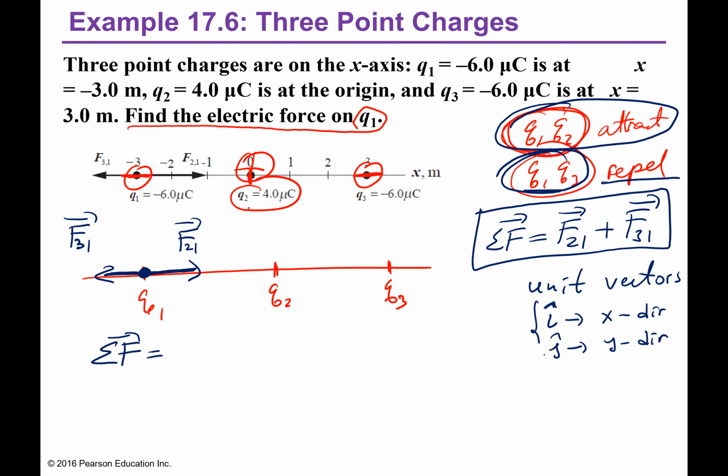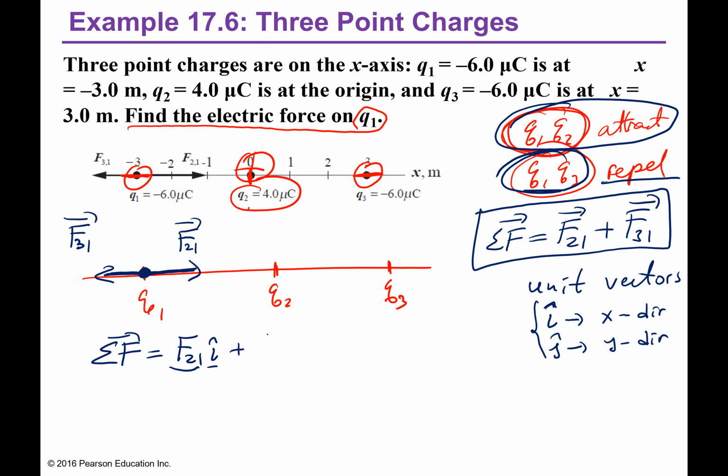In this class, sometimes you might see me doing that. This F21 is the magnitude of the force that 2 exerts on 1. Because this force is horizontal, I can put I hat, because magnitude, direction.